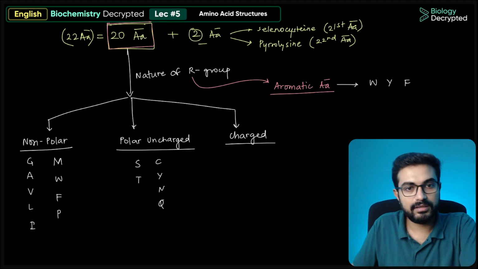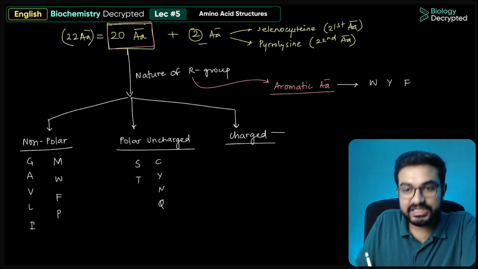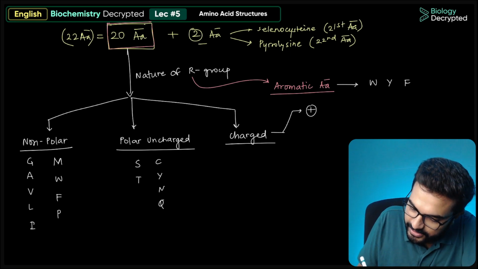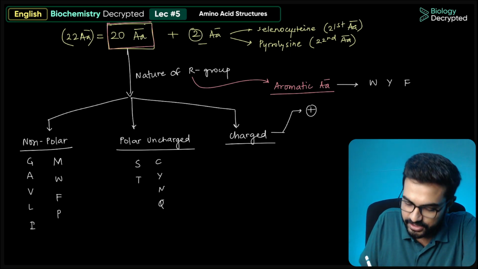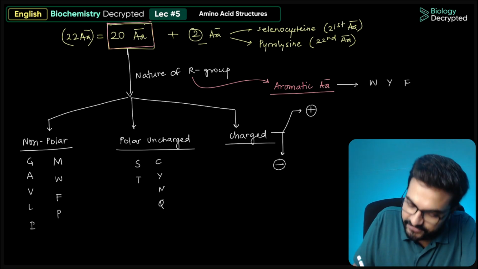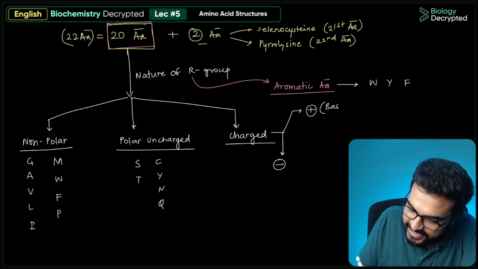Let's proceed. If I talk about the polar uncharged amino acids, it is S, T, C, Y, N, Q. And if I talk about the charged amino acids, they can have either a positive charge or a negative charge. If they have a positive charge, these amino acids are called basic amino acids.